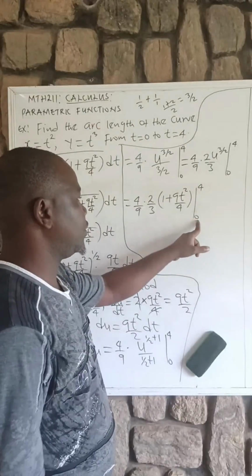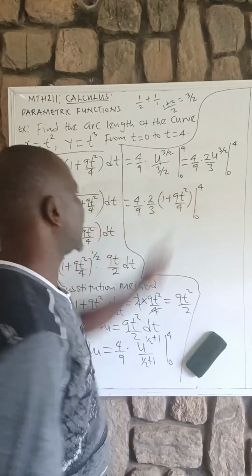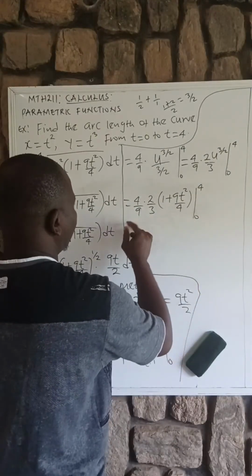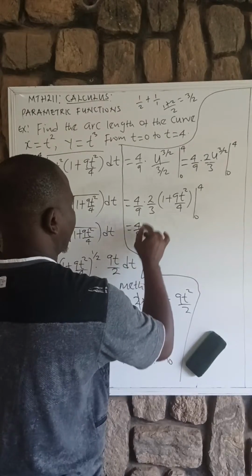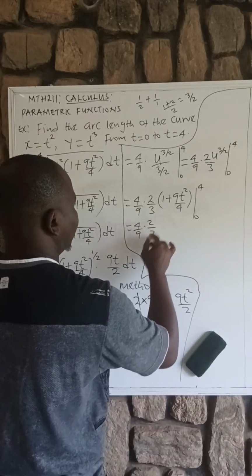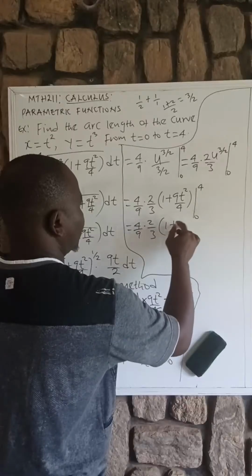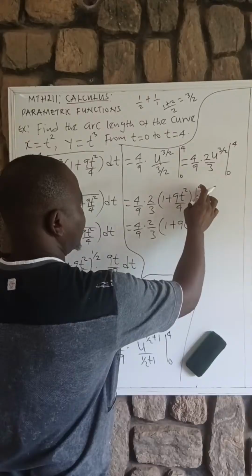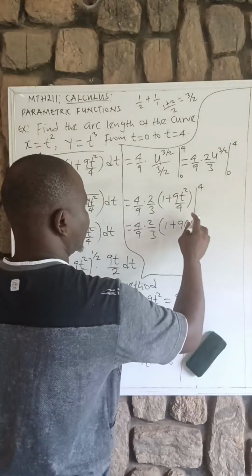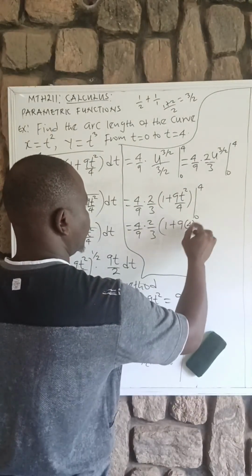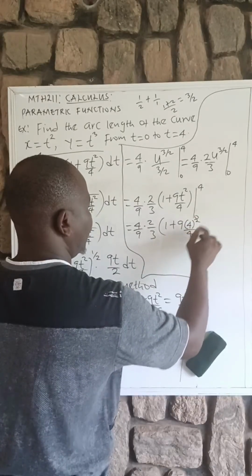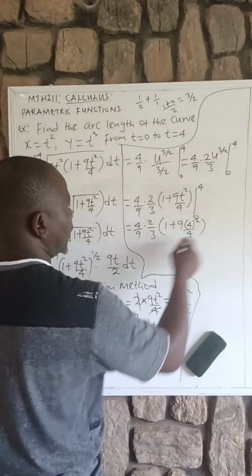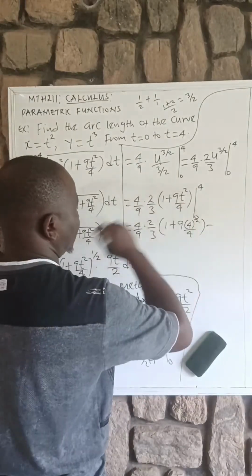It means anywhere we see t, we substitute in 4. Here we have 4 over 9 times 2 over 3 open bracket 1 plus 9 open bracket, anywhere you see t, you write 4, but t is raised to power 2 over 4 close bracket. Is that clear?